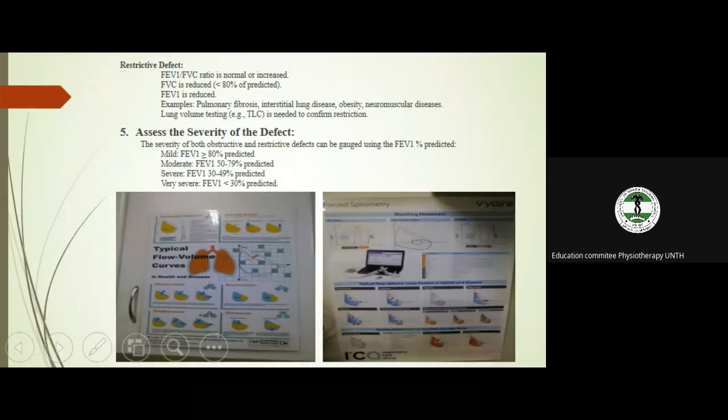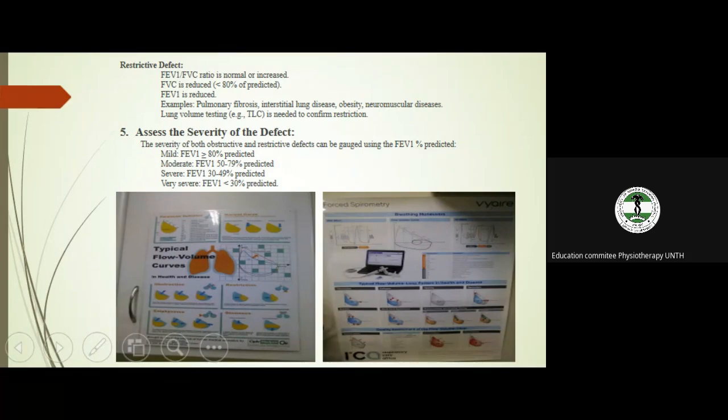Like in this one is obstruction, restriction. This one is in stenosis. The curve will not be normal, as we have shown before. All these things we have shown before, and other lung diseases like empyema, bronchitis, bronchiectasis, are shown here. It can never be normal. We see the shape of the loop and the lung volume is never the same.